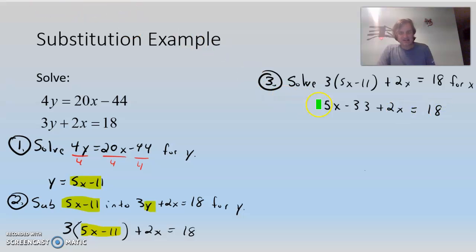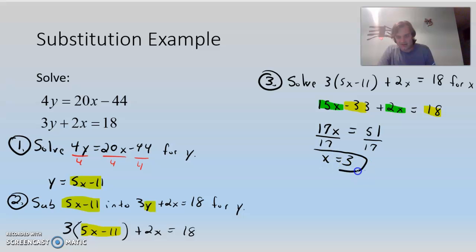We can see that we've got like terms on the left hand side, 15x and 2x. We're going to take the negative 33 and add it to the other side to get rid of it. So we'll simplify things here. So when we start to get x's on one side, we'll have 17x equals 51, and we need to divide by 17, and we'll get x equals 3.